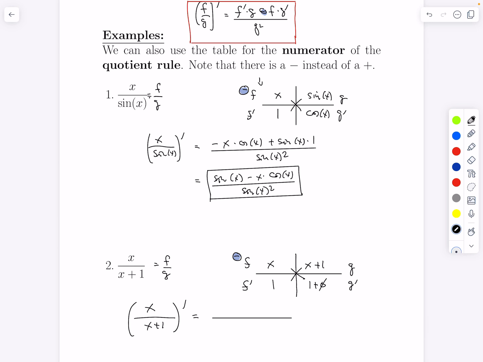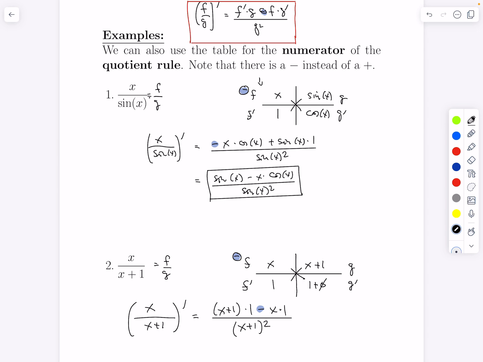Maybe let's start with g. It's x plus 1 times 1. We can still swap, we just have to remember there's a minus. Minus x, I have the minus, right, times 1. If that's confusing for you, you can still keep the old order. And then over x plus 1, but now squared.